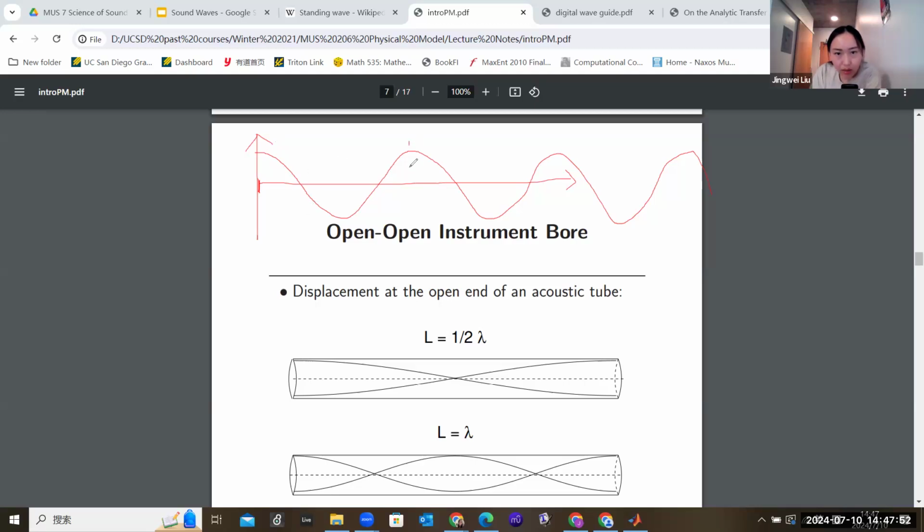And again, your wavelength lambda is of this length. This is your wavelength. And now the other end is also open, therefore just cut, right? This is 1/2 lambda, this is lambda, this is 3/2 lambda, 2 lambda, 5/2 lambda, etc.